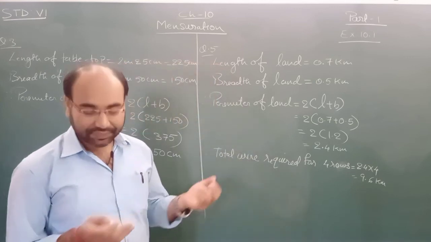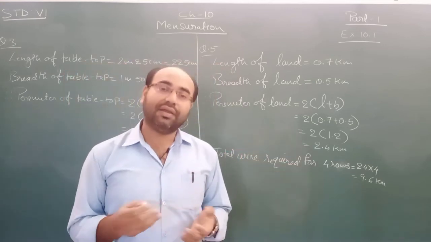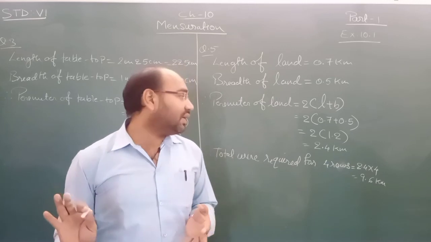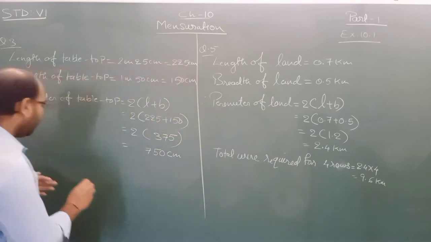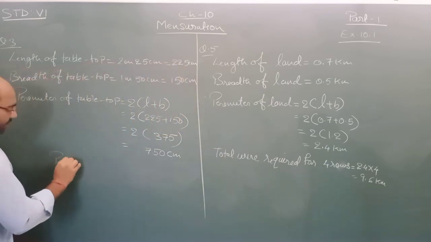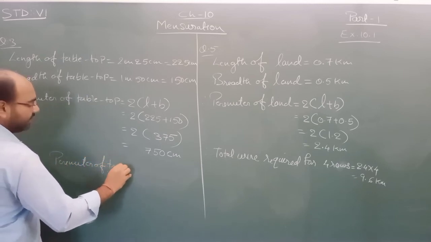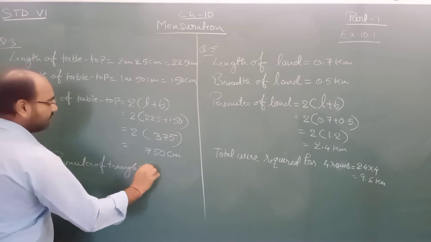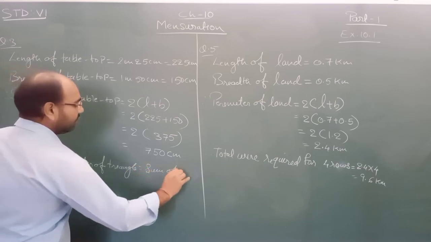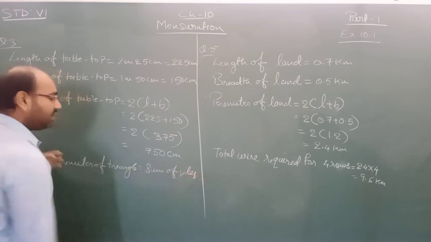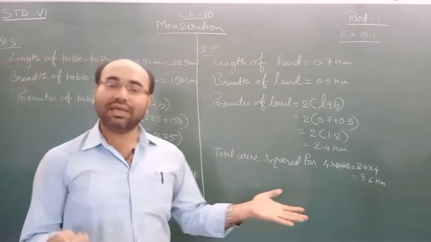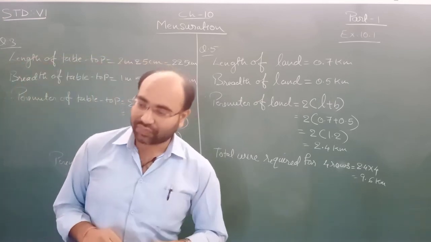So what you will write, perimeter of triangle is equal to sum of sides, and then you add all the 3 sides, you will get the answer for the first one.